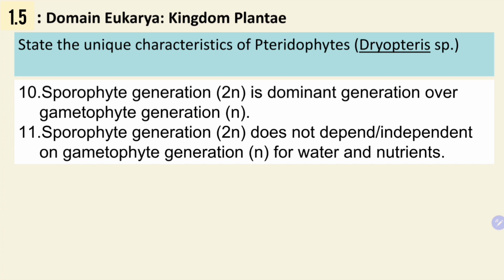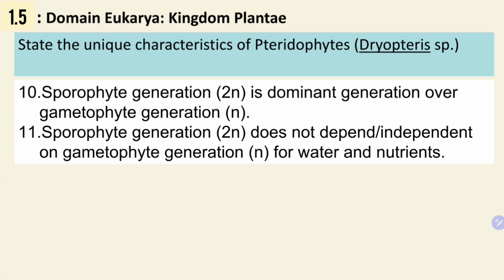The sporophyte generation is independent of the gametophyte generation for water and nutrients. Previously in the Bryophytes, the sporophyte generation is dependent on the gametophyte. But for Pteridophytes, the sporophyte does not depend on the gametophyte, it is independent of the gametophyte generation for water or nutrients.